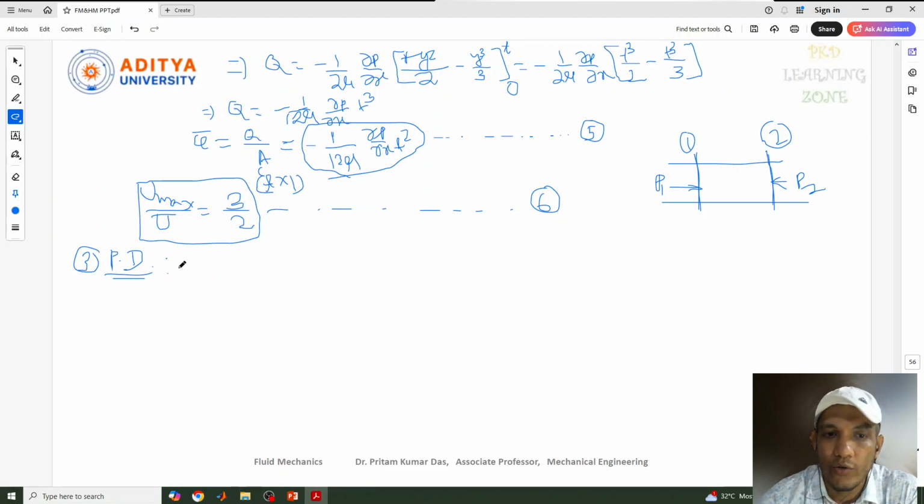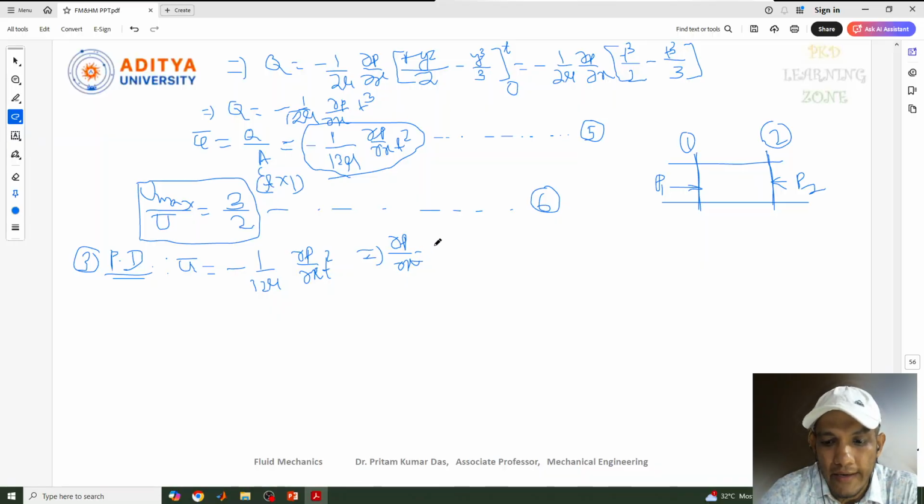Now for that again I need to consider the previous equation, equation 5. So let's consider u bar equal to minus 1 by 12 mu del p by del x T square. So this one I can write here, the pressure gradient on one side, del P by del X equal to minus 12 mu u bar divided by T square.